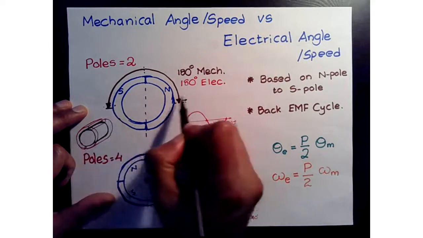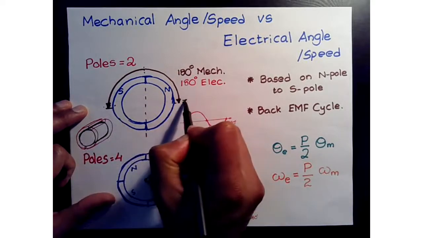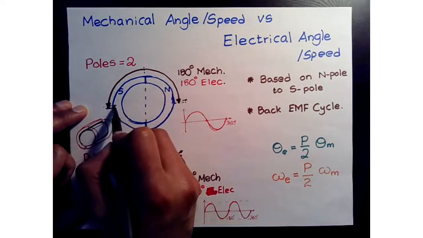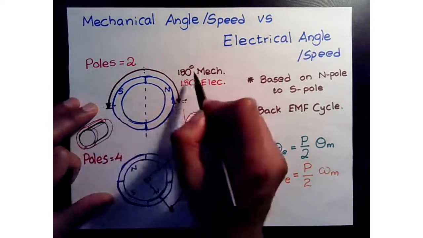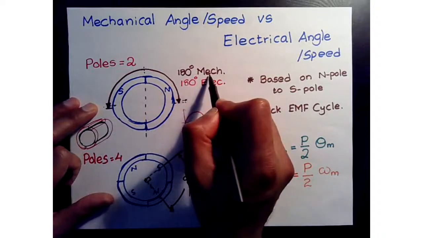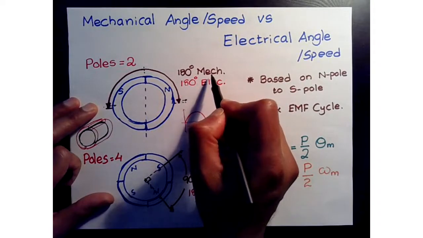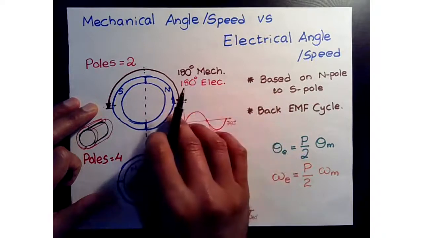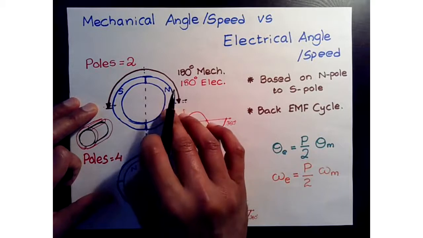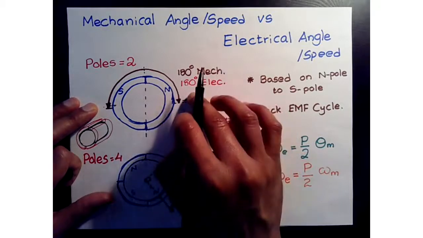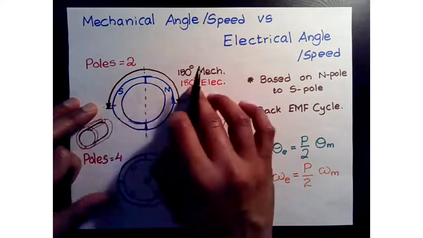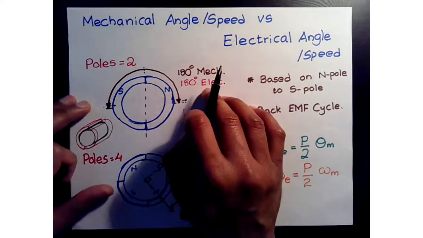It also happens to be, when you go from this peak flux density to the next return peak flux density, we are seeing 180 degrees of mechanical angle variation. So we need to note that for this one pole pair case, or two poles case, you're going to see 180 degrees mechanical angle and 180 degrees electrical angle.